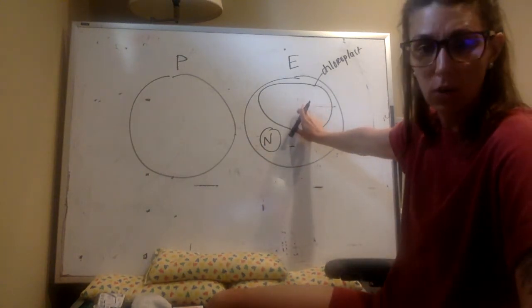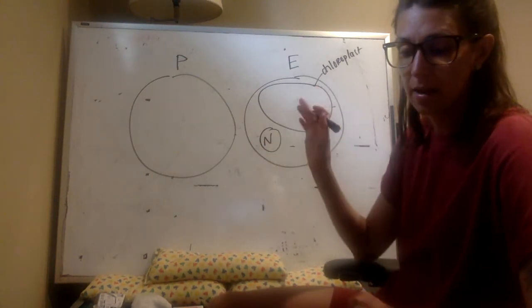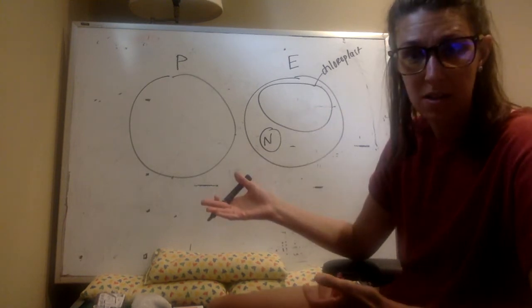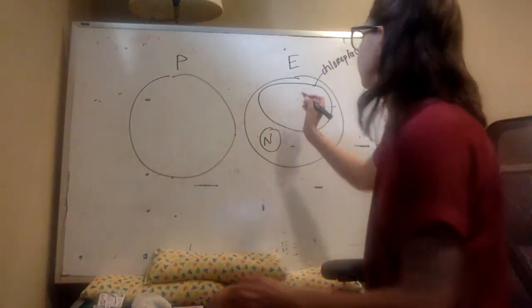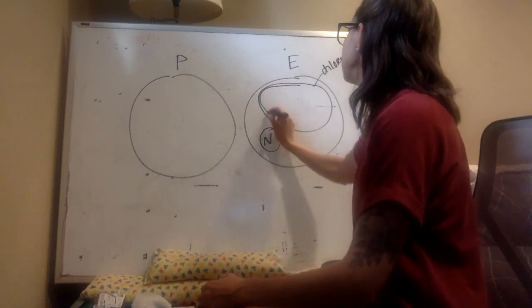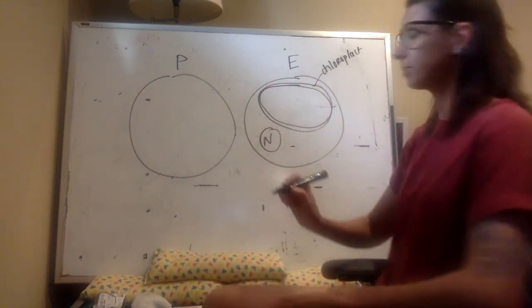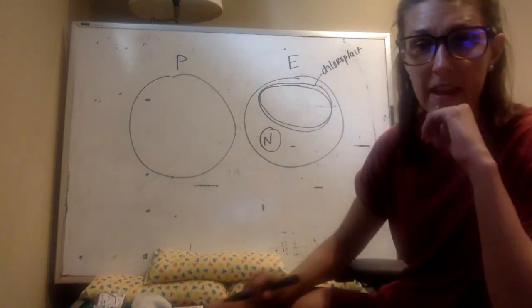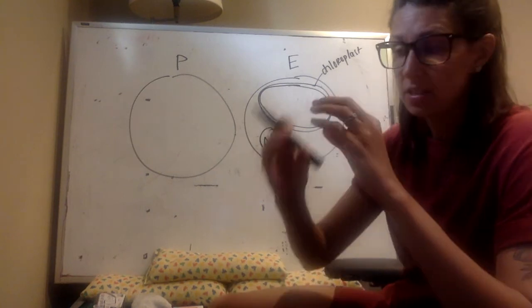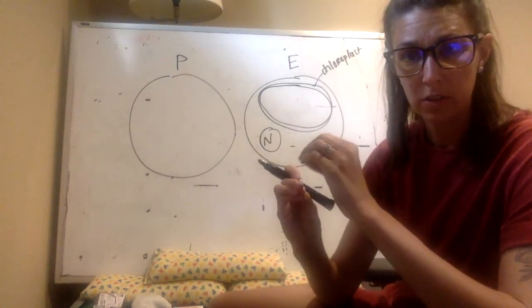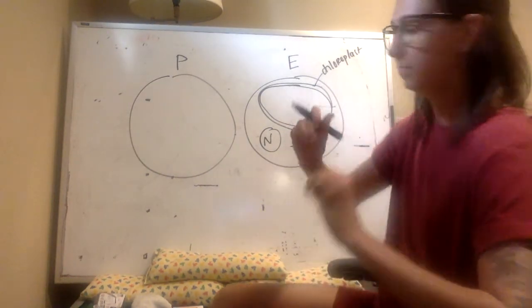All right, in a chloroplast, because remember endosymbiotic theory, they do have a double membrane. Within the chloroplast, there are stacks of these really cool little structures called grana.